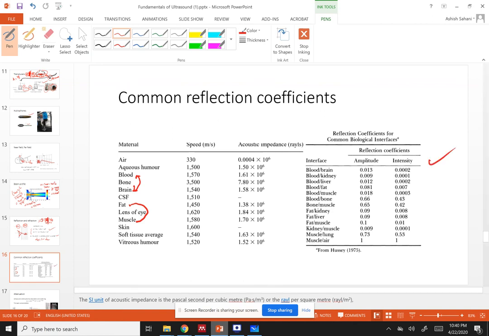For example, if you look at muscle to lung. Now, lung is filled with air.